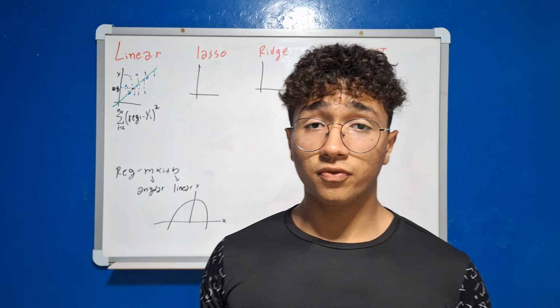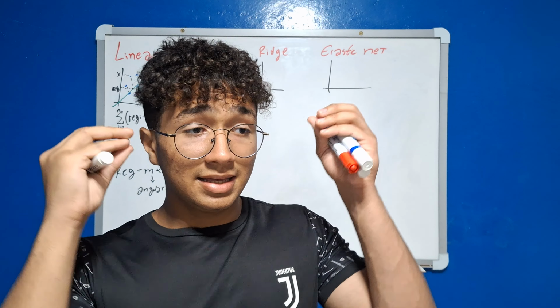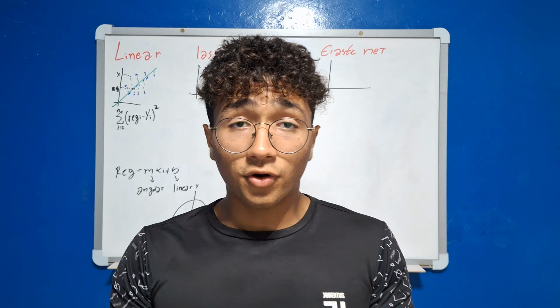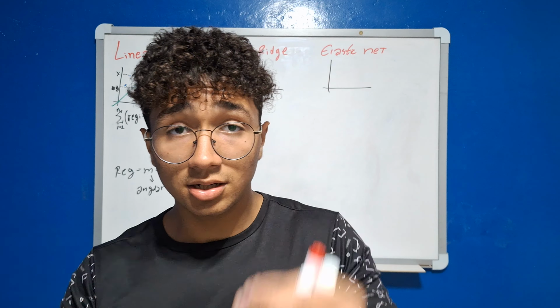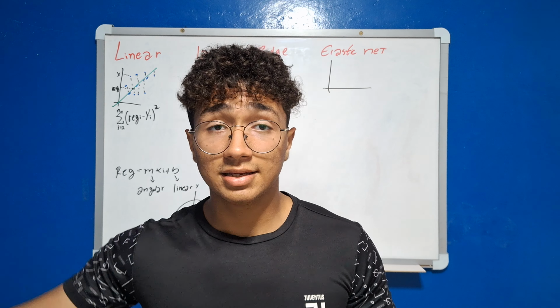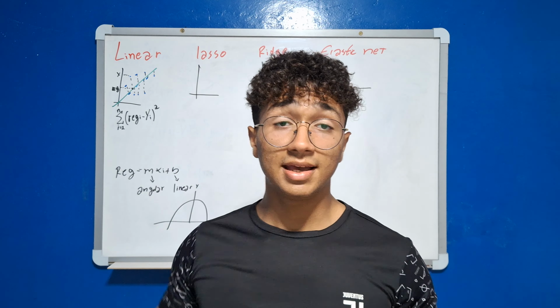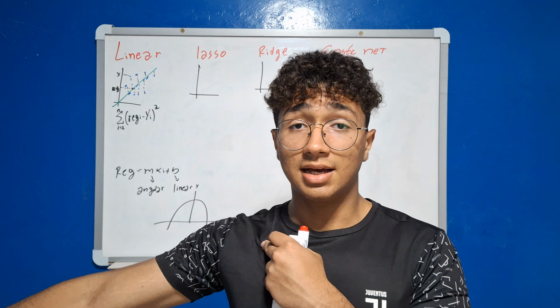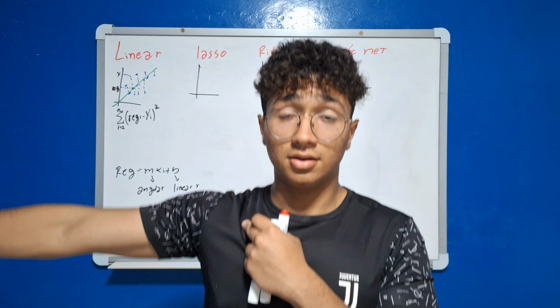We do this inside the formula of the line, the angular and the linear. The angular is basically an inclination and the linear is a position of that line, okay?